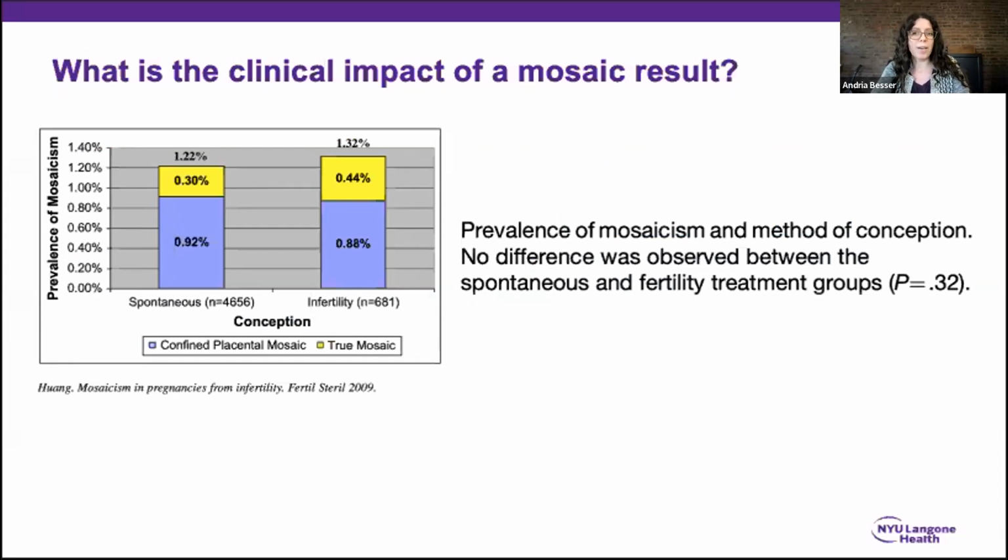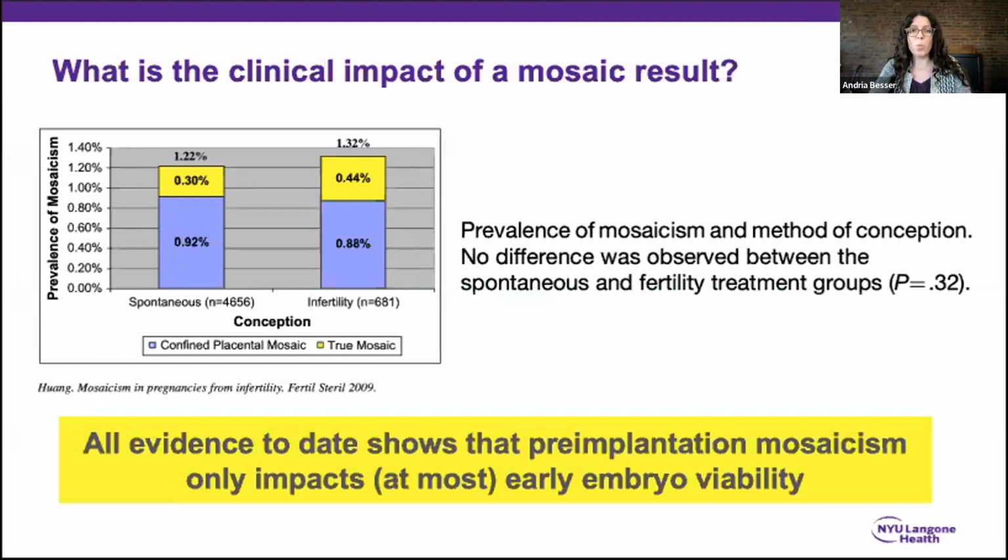And there's just really no evidence at this point that a mosaic PGTA result increases those risks that we think about with prenatal mosaicism. So I would say if you remember only one thing from this talk, it should be that all the evidence we currently have about PGTA mosaicism is that it may impact early embryo development. But again, there's no evidence, at least at this time, of increased risks for ongoing pregnancies.